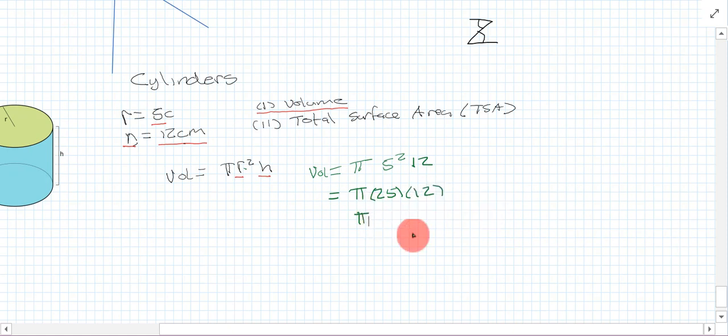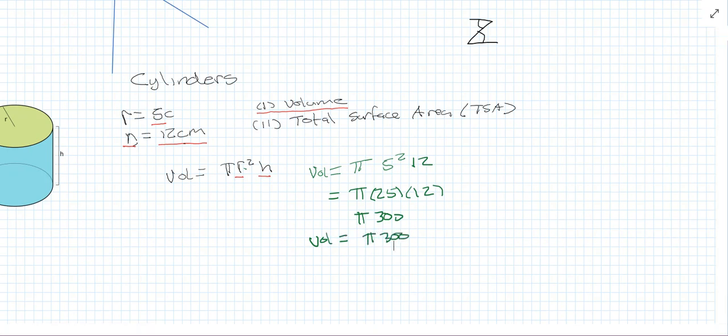Sorry, I said 500 by mistake, it's 300. So the volume is equal to 300 pi. And we're dealing with centimeters, so it's going to be centimeters cubed. Remember, it's important to get your units correct as well.